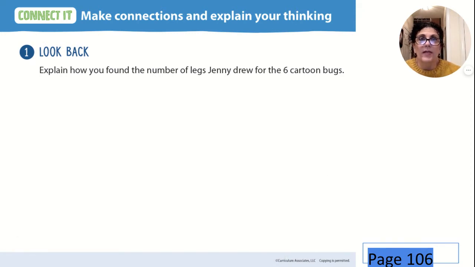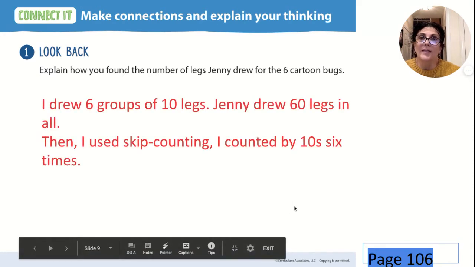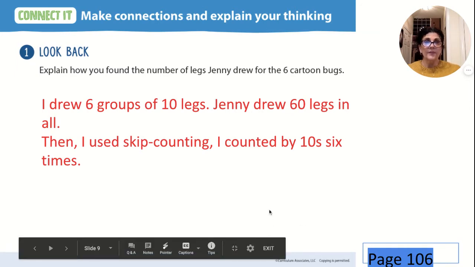But I'm going to go ahead and click it because I've already worked through this. And this is what I did. I drew 6 groups of 10 legs each for each bug. So Jenny drew 60 legs in all. And then I used skip counting and I counted by tens 6 times. Hopefully that's what you came up with as well.